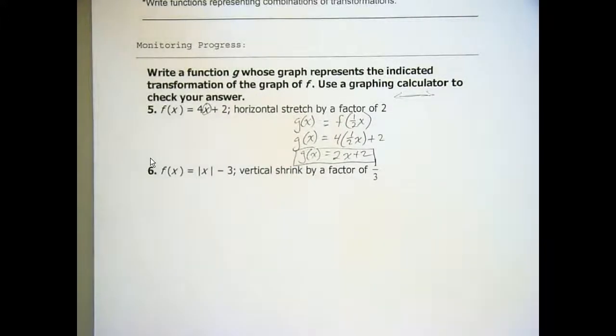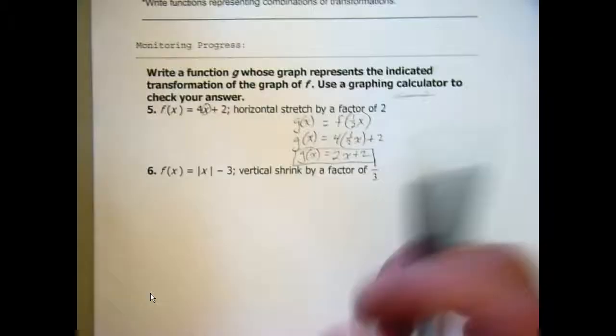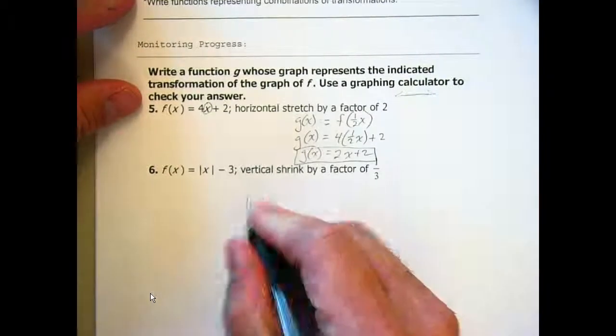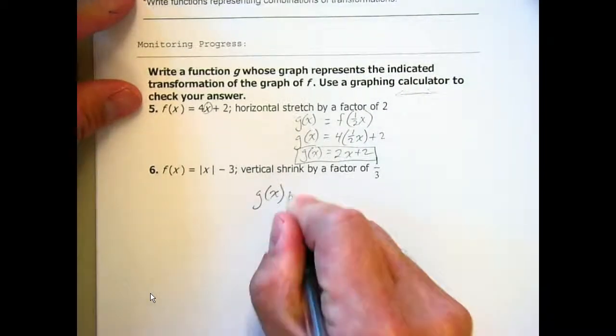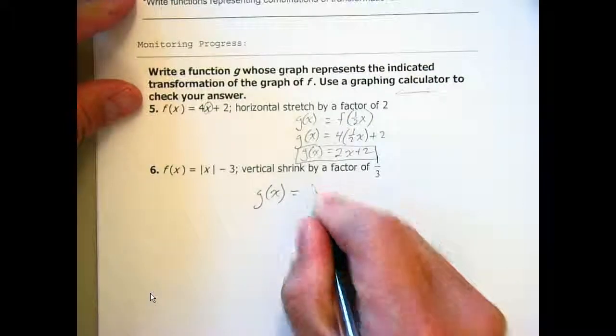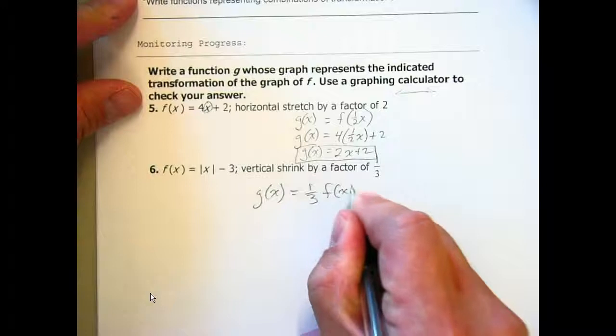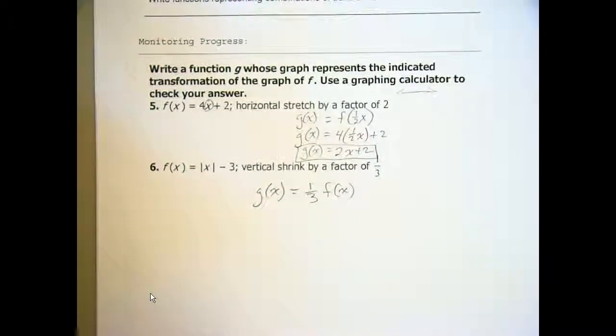Okay, tell your neighbor how you did on that one, then review the next one. Okay, here we go. Vertical shrink. Is this happening on the outside or inside? Outside. So we have g of x equals vertical shrink of 1/3 f of x. You don't change it to 3 on the outside.